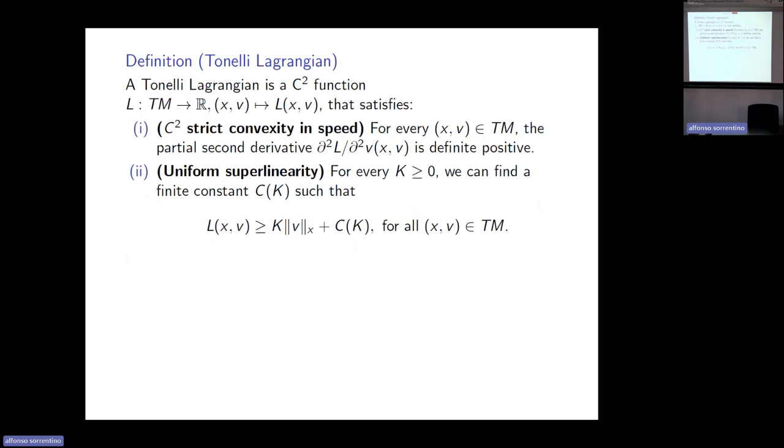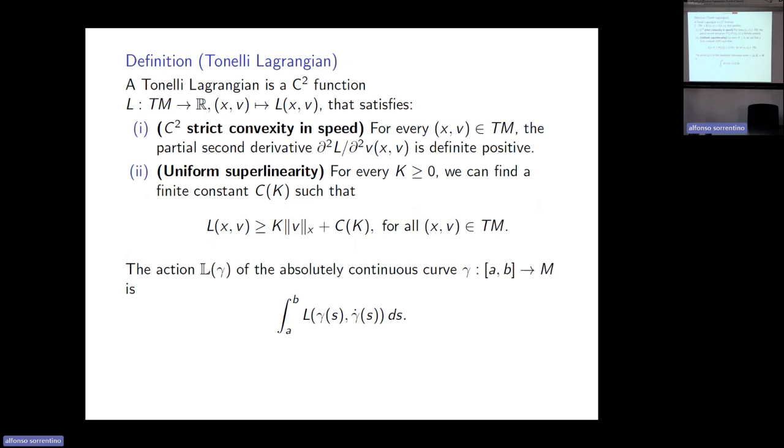We also have uniform superlinearity: for every k, we can find C(k) such that L(x,v) is larger than k times the norm of v at x plus C(k). Because of the compactness of M, this is the same as saying that L(x,v) divided by the norm of v goes to infinity as the norm of v goes to infinity, uniformly in x.